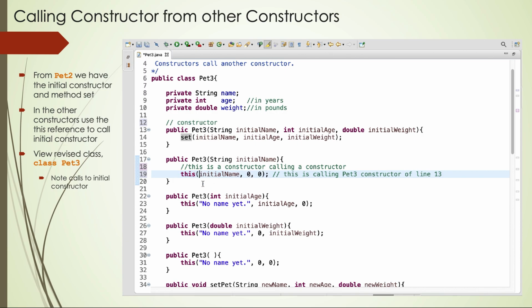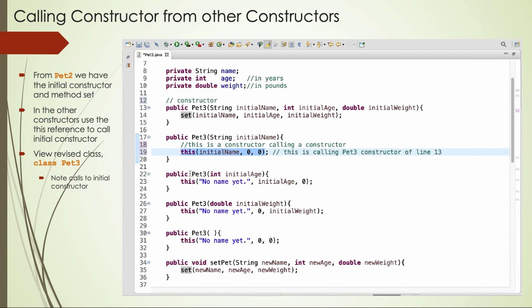So it's calling the Pet3 constructor with three parameters, and that calls method set inside of itself, and it initializes the instance variables with that name and the others with 0.